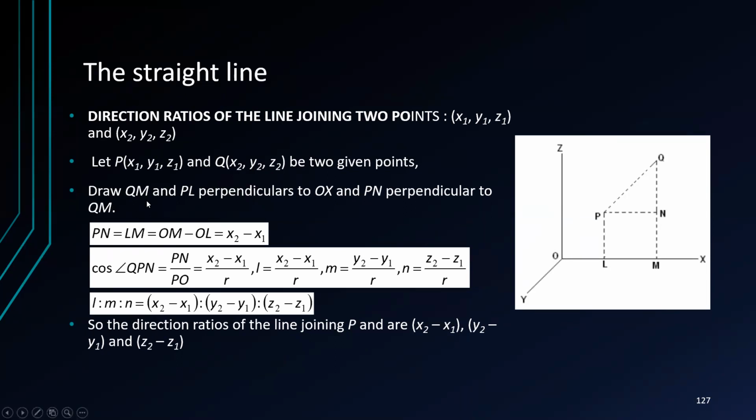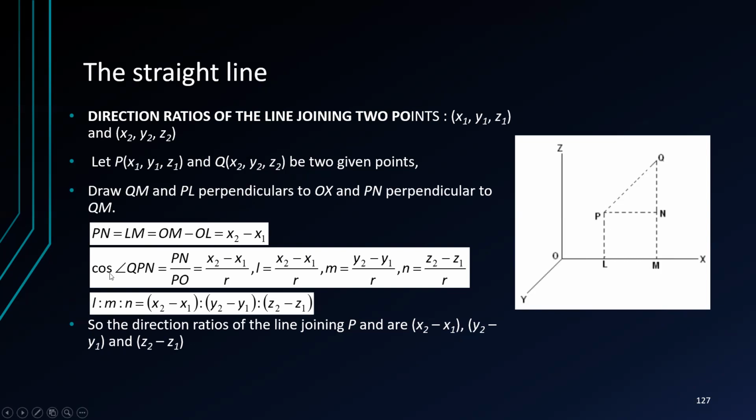Draw QM and PL perpendicular to OX and PN perpendicular to QM. Yan. So PL is equal to LM is equal to OM minus OL is x2 minus x1.